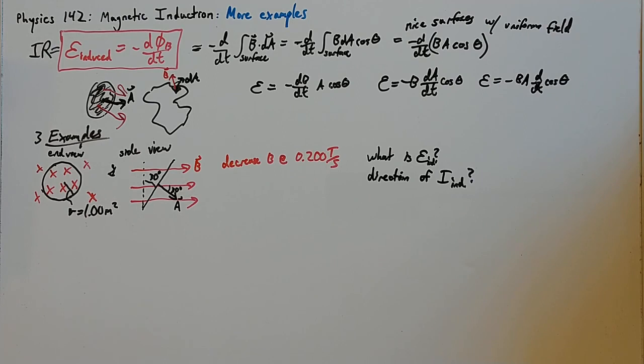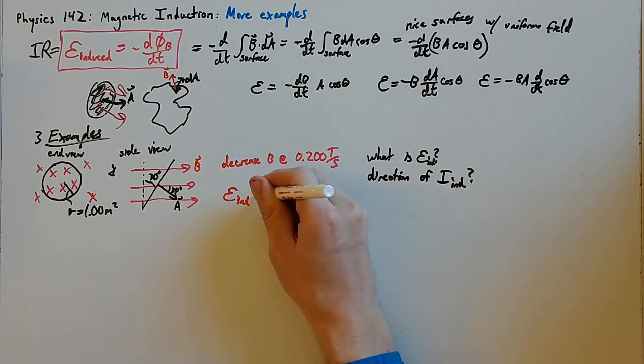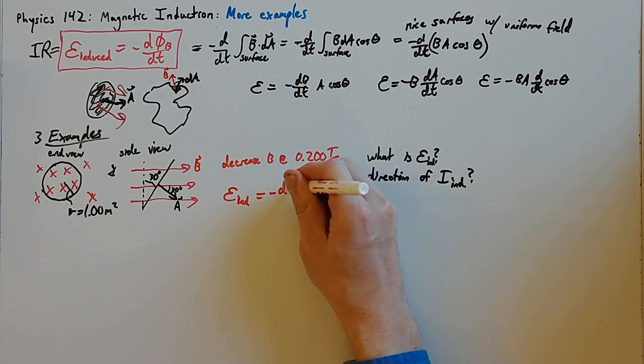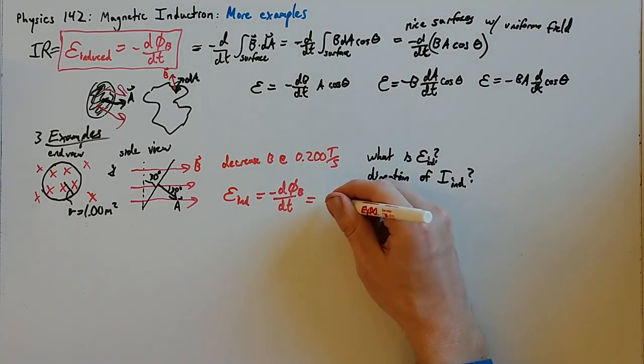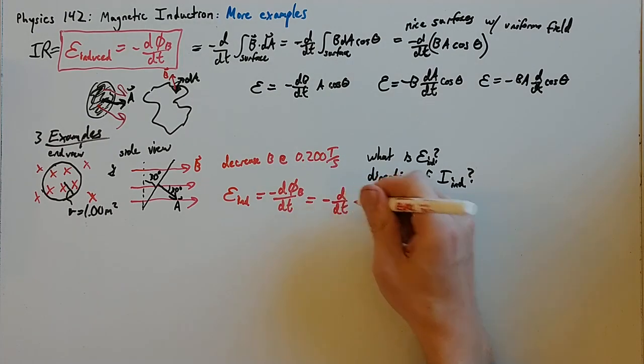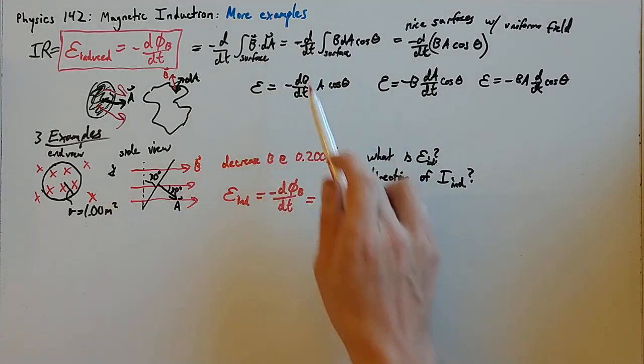So how do we do it? Well, we go ahead and we use Faraday's law. Faraday's law says that the induced EMF is minus the time rate of change of the magnetic flux. So that's going to be minus d/dt. And now flux, remember, is this surface integral. We wrote it down up here.